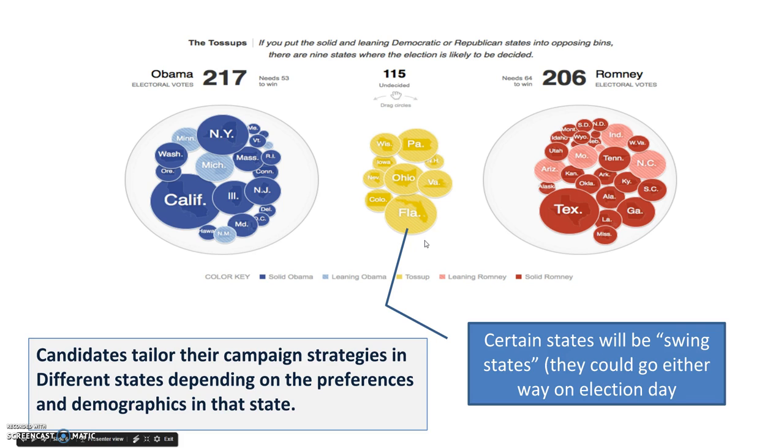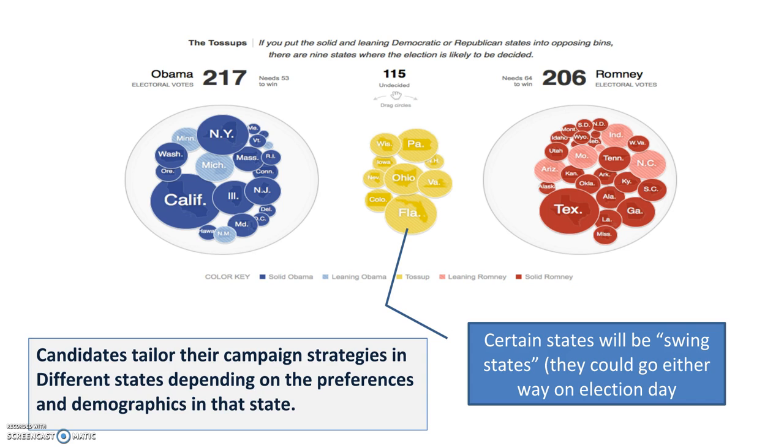Swing states are states that could go either way. They could swing to the Democratic side, they could swing to the Republican side. These are states that have kind of a close to even split between Democratic voters and Republican voters. And the win in these states is really going to be determined by the issues that are in play during that campaign, or how the presidential candidates campaign, what they tell people, what they promise.